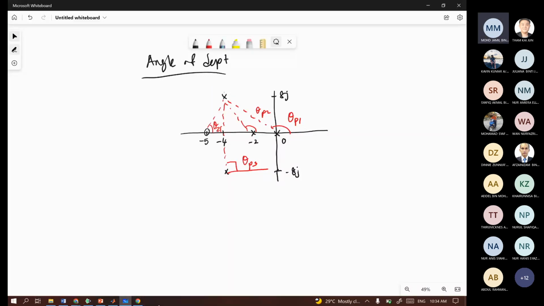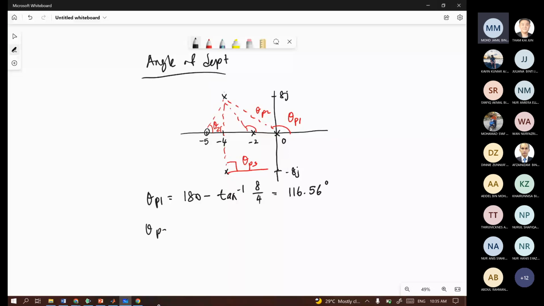So let's determine theta P1. Theta P1 is 180 minus tangent inverse of this height divided by this length. So you get 8/4, which equals 116.56 degrees.